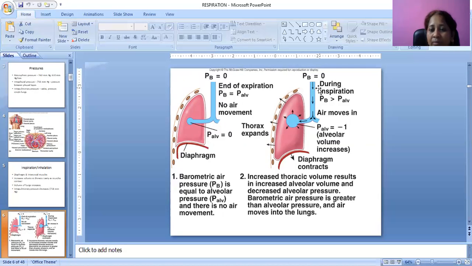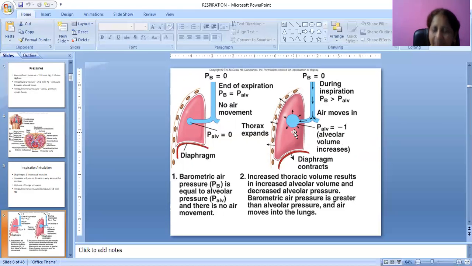Coming to this, PB is equal to 0. During inspiration, PB is greater than alveolar pressure. Air moves inside. Alveolar pressure is -1.